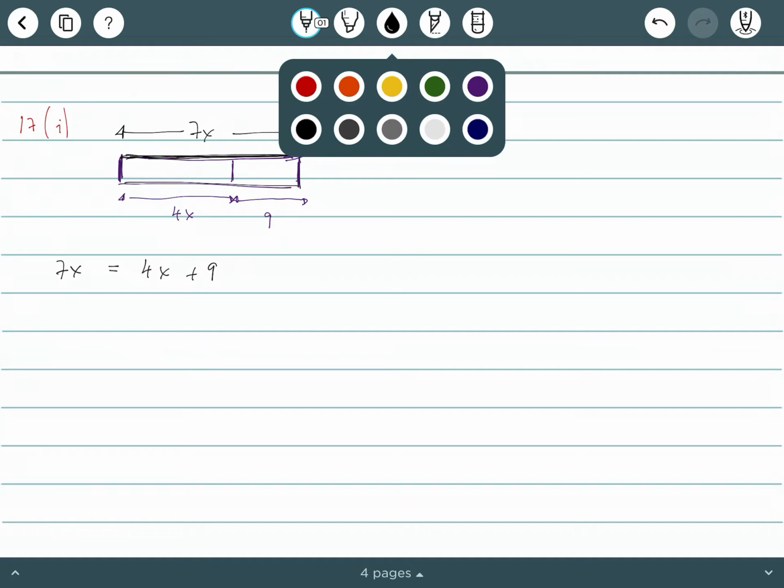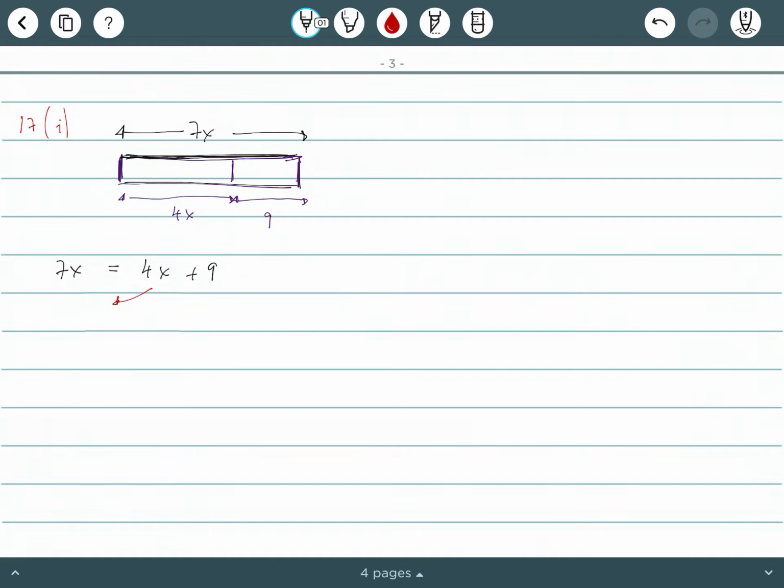Now what you have is a linear equation. You go back to the process that we've been doing. Move the x's to the bigger side of the x's. That's going to become a minus. Let's rewrite the equation. 7x minus 4x is equal to 9. Well, 7x minus 4x is equal to 3x. So 3x is equal to 9. Let's get rid of that 3, so divide both sides by 3.